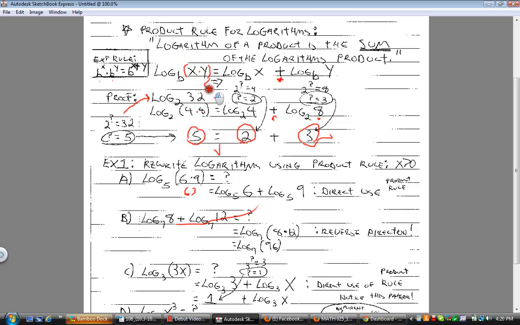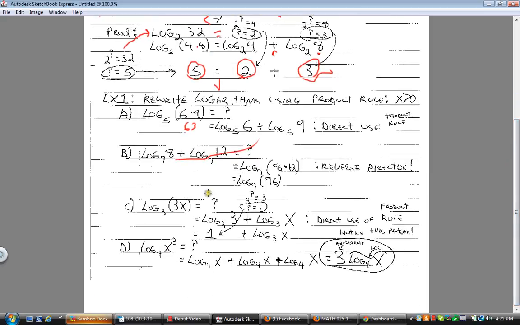You also can go the other way, meaning if you've got an addition of the logs with the same base and two results, you can compress them back up into the product. And that's what is happening on example B here.